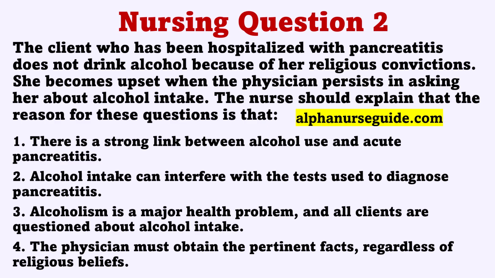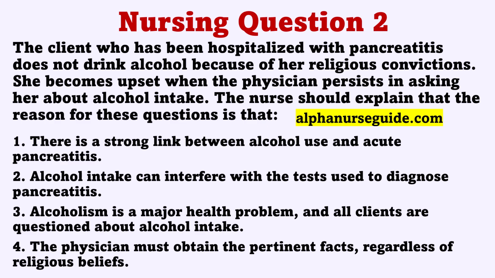The correct answer is 1. There is a strong link between alcohol use and acute pancreatitis. Alcoholism is a major cause of acute pancreatitis in the United States and Canada. Because some clients are reluctant to discuss alcohol use, staff may inquire about it in several ways. Generally, alcohol intake does not interfere with the tests used to diagnose pancreatitis.